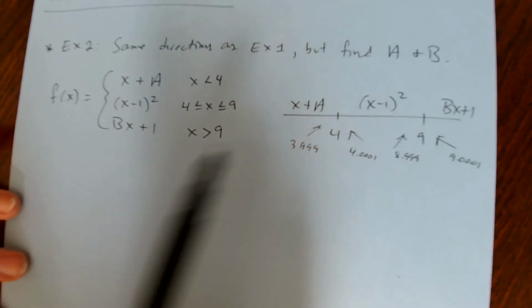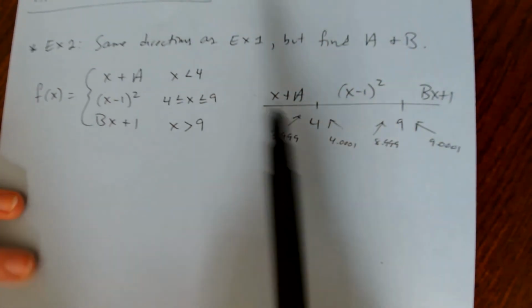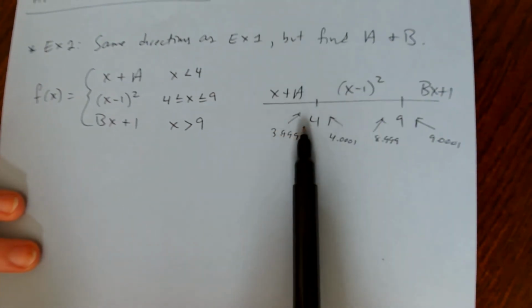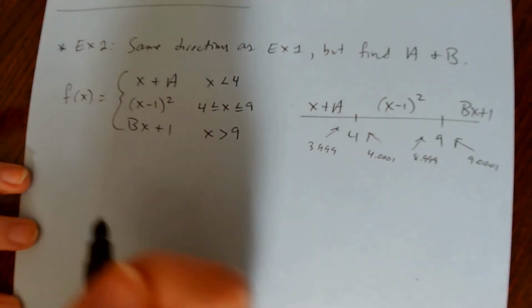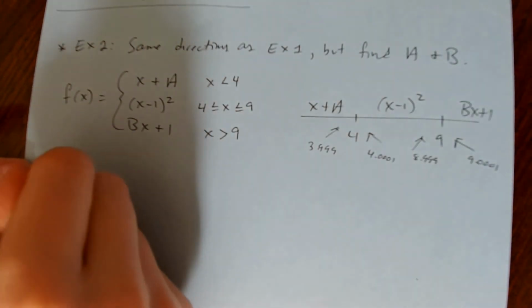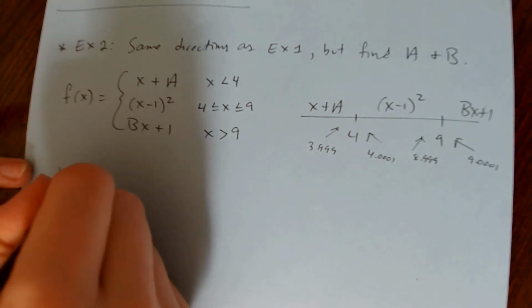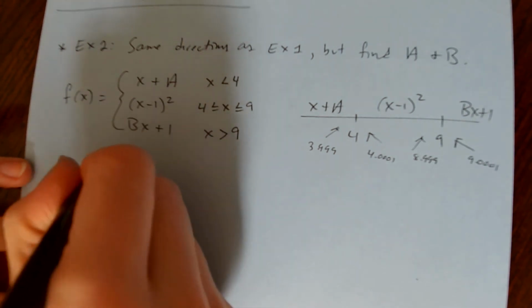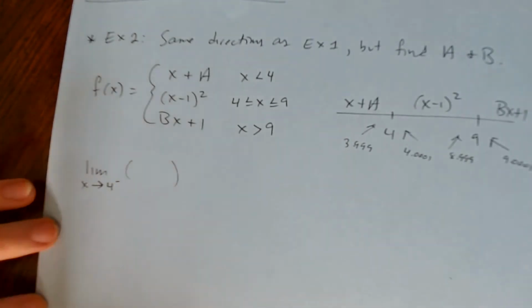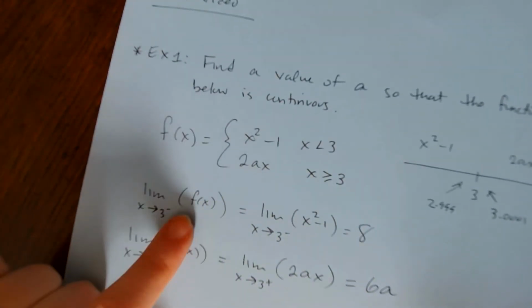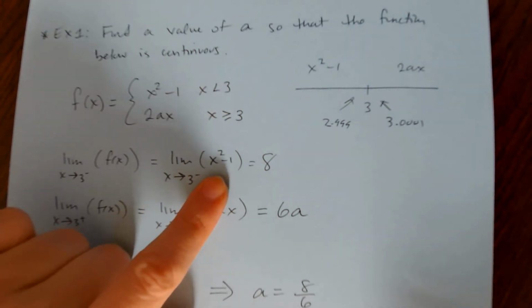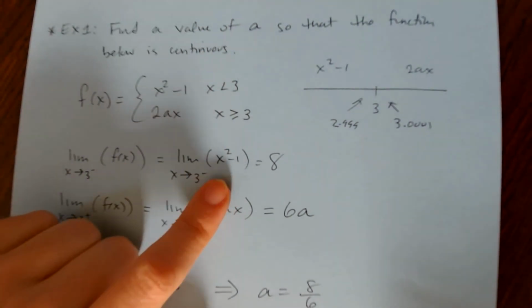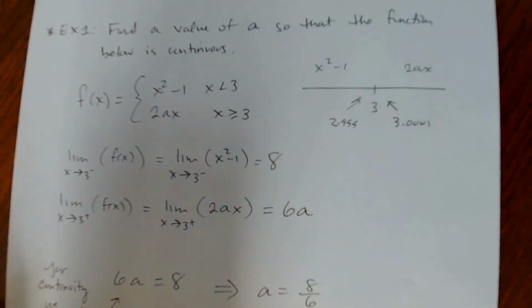So I've got to do the limit as x approaches 4 from the left and from the right. Let me do that now. The limit as x approaches 4 from the left. Just to save myself some writing, this time I'll jump right to the piece of the function on that interval.